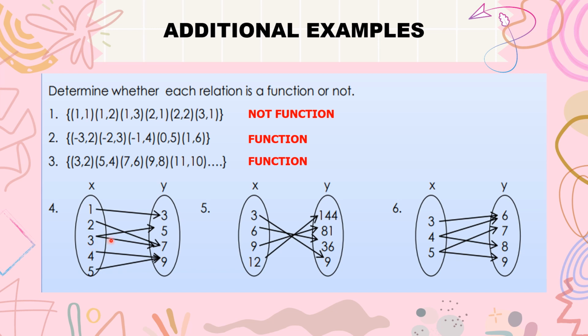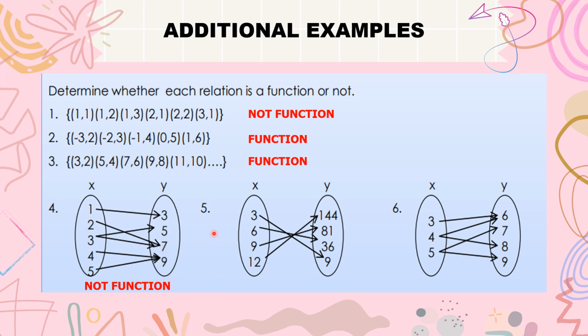Na-pair siya sa 5 at na-pair siya sa 7. So since twice nang na-pair ang ating x value na 3, this mapping diagram is no longer a function. So it is not a function. It is one-to-many relation. Meaning ng one-to-many, 1 lang siya, na-pair siya sa many values ng ating y.